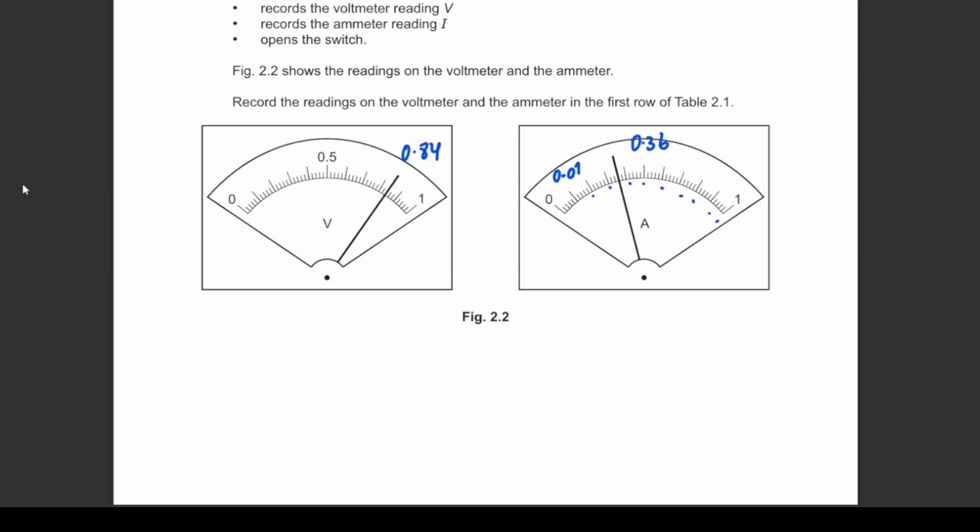So every division or big division is probably 0.1. So 1, 2, 3, 4, 5, 6. Yes. And then those 0.01 are being divided into further 5 divisions. So 0.01 divided by 5 would give you around, I think, 0.002 probably. Let's just verify this.